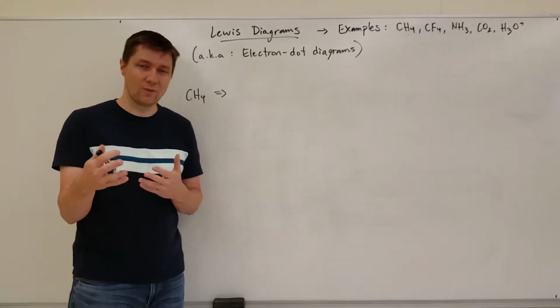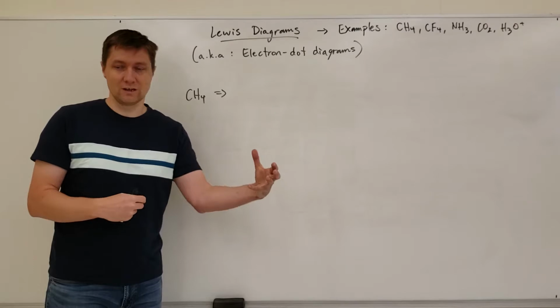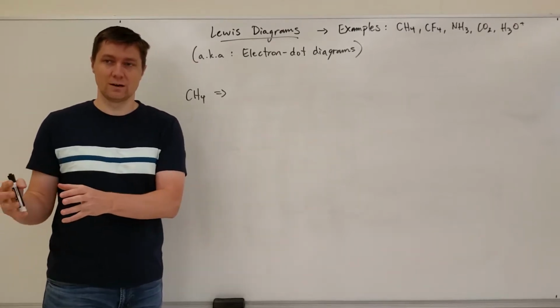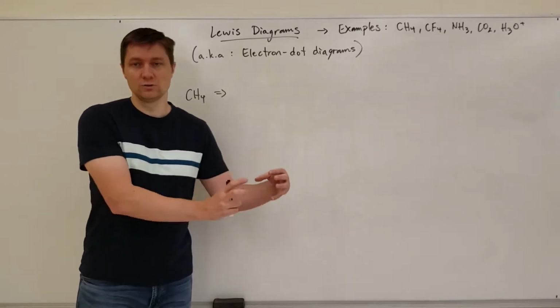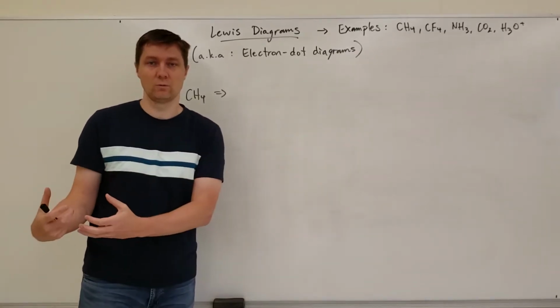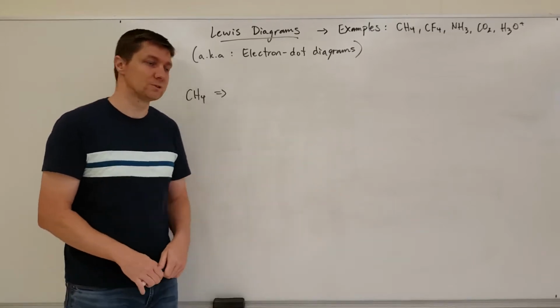I'll show you how that works. But be careful that you're not using the Lewis symbols to draw the Lewis diagrams. We're drawing the Lewis diagrams, and then we use the Lewis symbols to confirm that it fits what we know about those atoms.